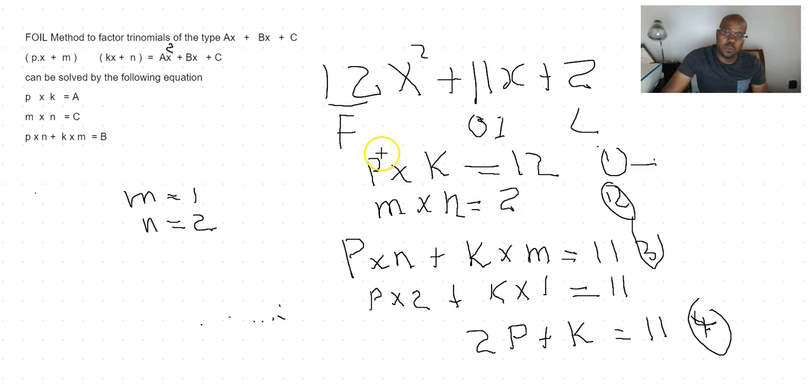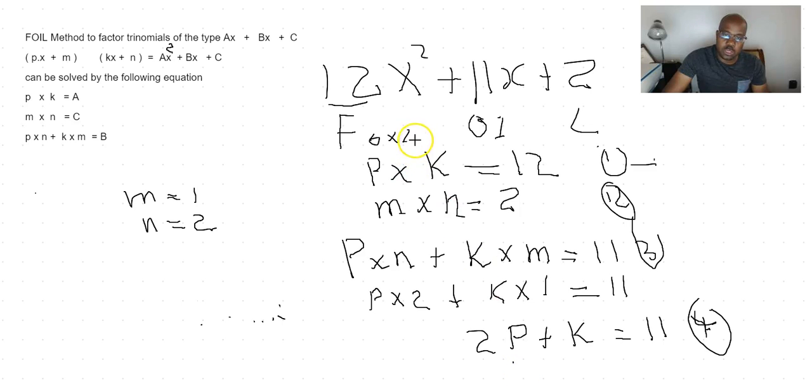So 6 and 2 doesn't work. You see what I'm trying to do? I'm trying to guess. Either you put 6 here or you put 2 here, it's not going to work. So what other way is there to have p times k give you 12?